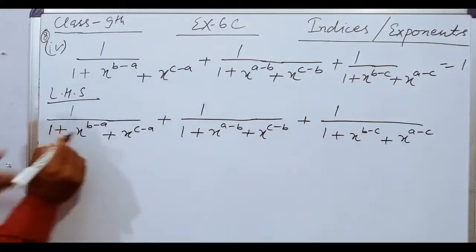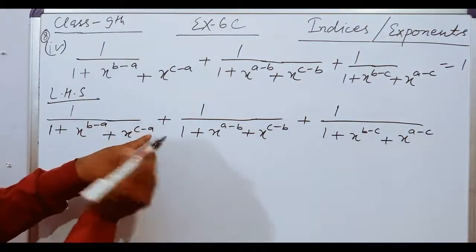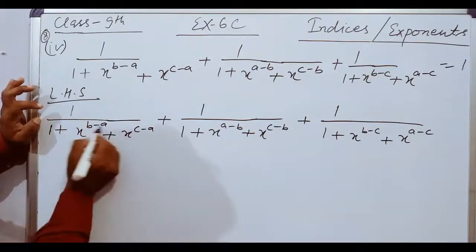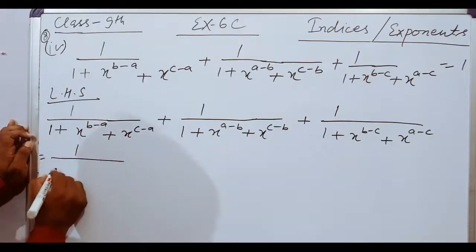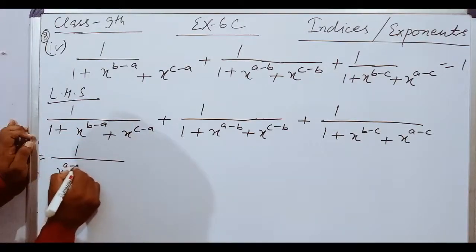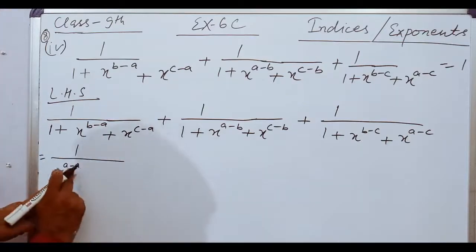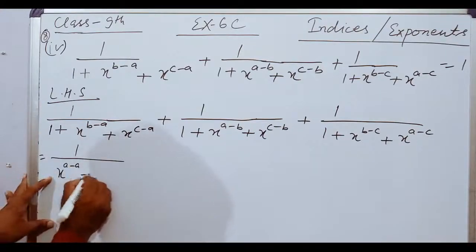Dear students, see, x^(b-a) + x^(c-a). So we have to write here a minus a, because b minus a, c minus a. So 1 upon, we can write x^(a-a). A minus a means x to the power 0. X to the power 0 means 1. Okay, this is the trick.